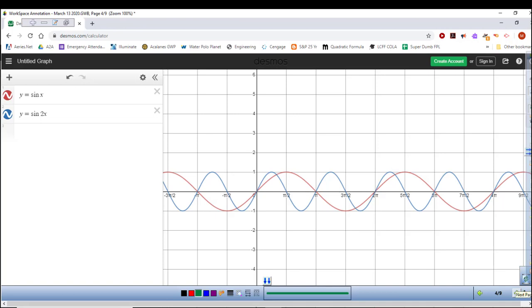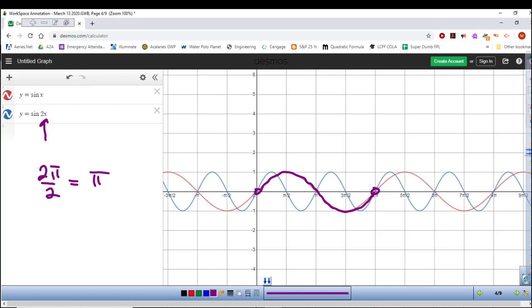So for example, take a look at the two graphs here. Again, the red one is our original. We can see that it starts at 0, it ends its cycle at 2 pi, and passes through this full set of values over that length. If you look at the blue graph that now has a 2 in front of the x, if we divide 2 pi by 2, we get pi.